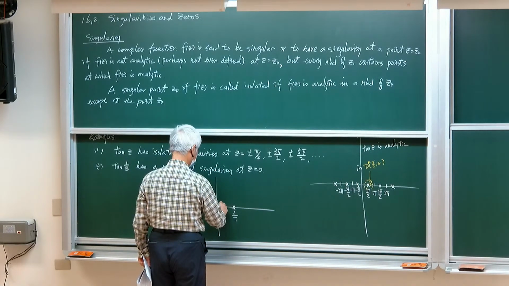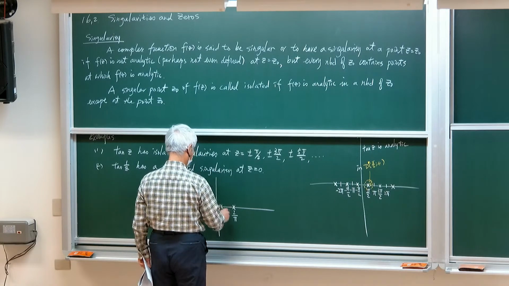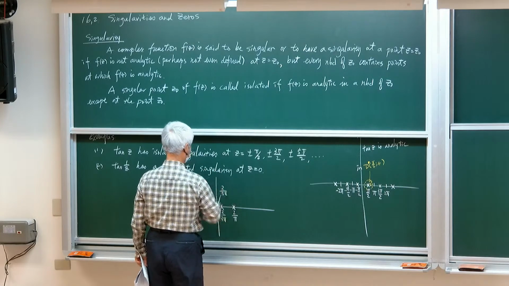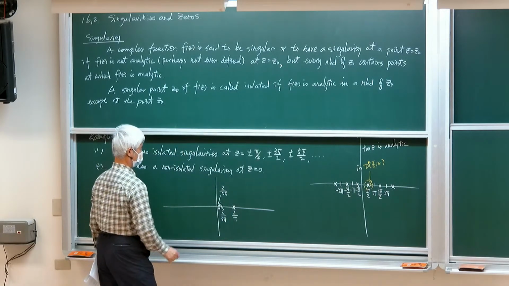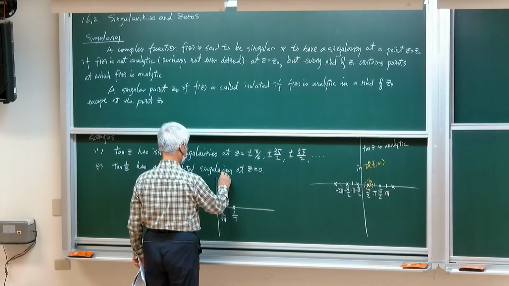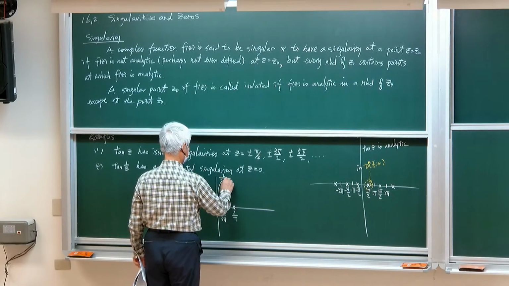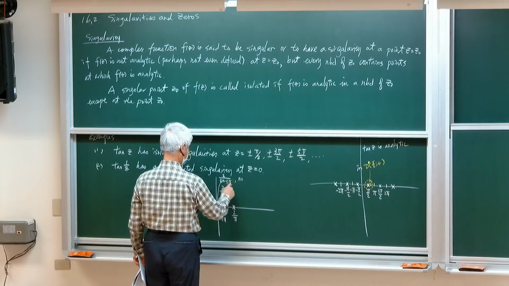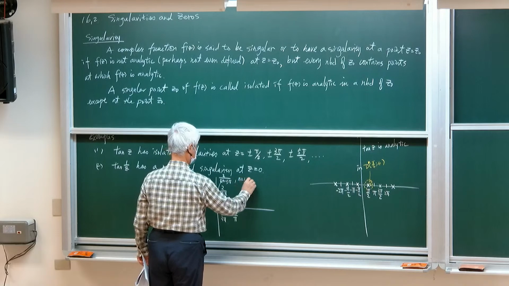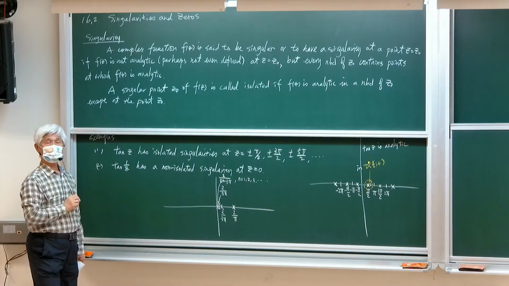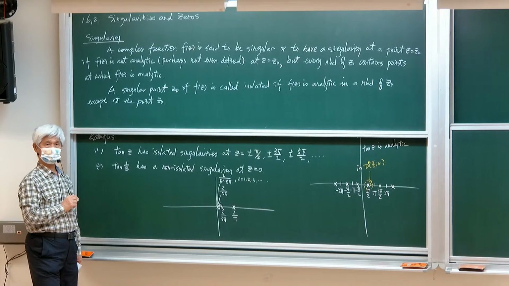The next one here is 5 pi over 2. In general, we have 2n minus 1 times pi over 2, for n from 1, 2, 3, etc. So we have infinitely many singular points.